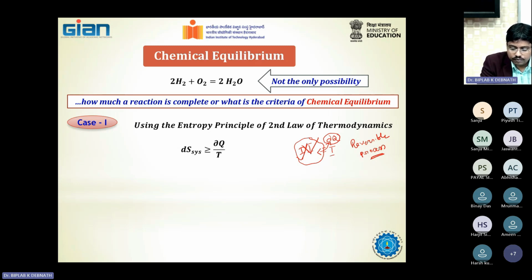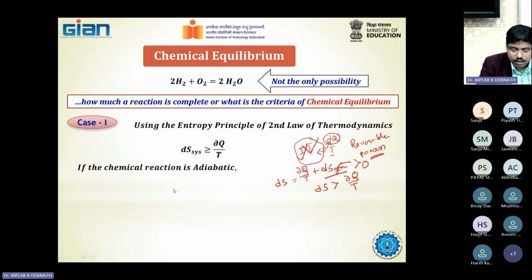If because of these internal irreversibilities there is any change in the properties of the system, because of which some entropy generation, dS gen, is occurring, then this is the additional quantity along with delta Q by T, which finally gives you dS. So in general we say dS is greater than delta Q by T, and we all know that delta S gen is always greater than 0. This we all know from the second law of thermodynamics.